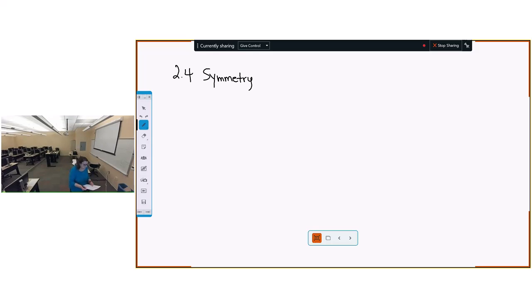Okay, so knowledge of symmetry helps us graph and analyze equations and functions. So we have some algebraic tests of symmetry, and I have these on the document for you.